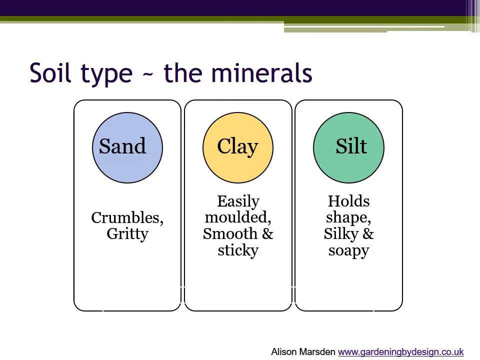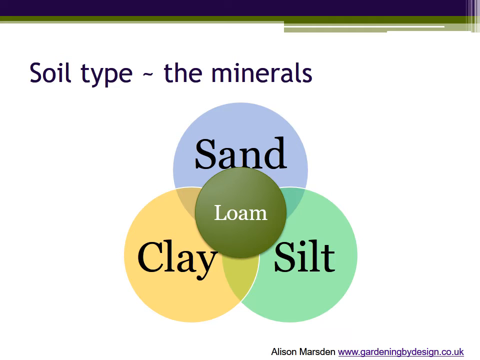But this is much less common than sand or clay. And now we have a bit of a Goldilocks moment. If it holds together but cannot be moulded, and you can detect all the textures in between your fingers, then you have a balanced loam, which gives you the basis to grow the widest range of plants.